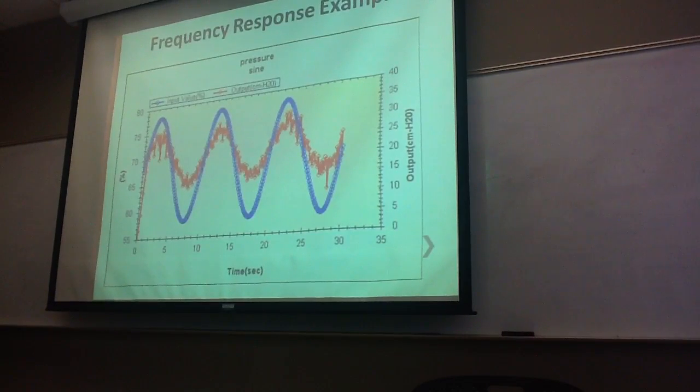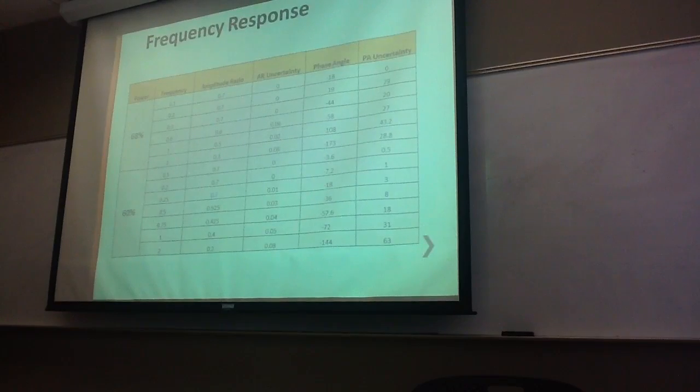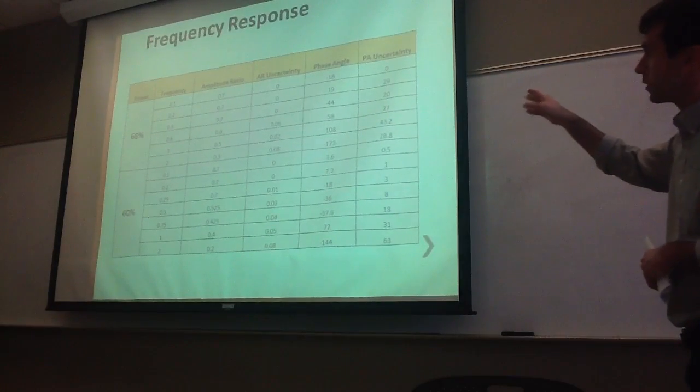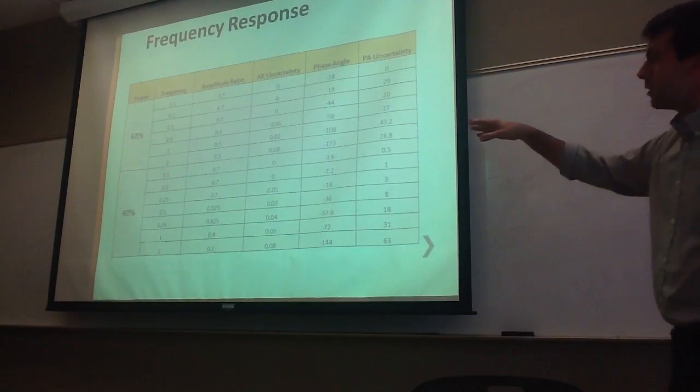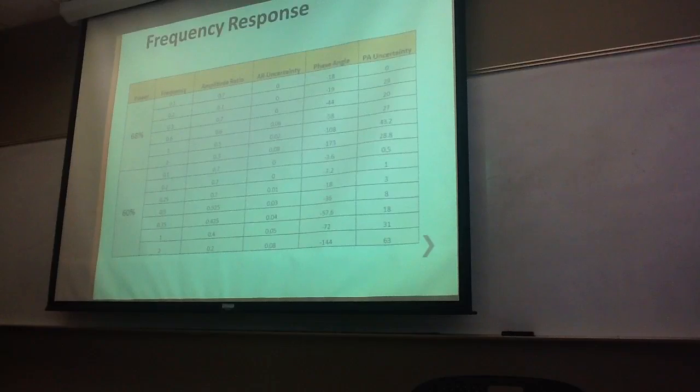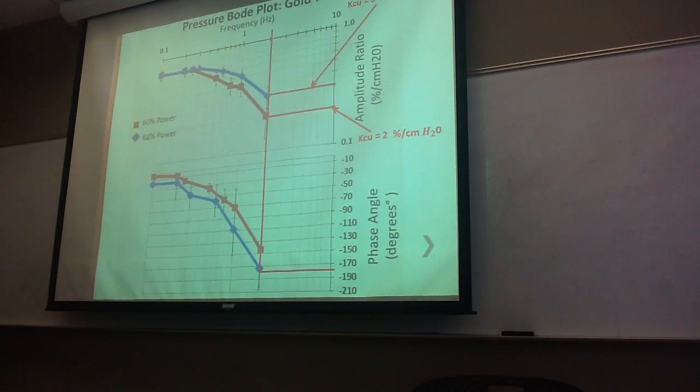That's one of our experiments there. And two of the members found the amplitude ratio, phase angle, and uncertainties of those frequencies at 60 and 80% power. And then with this, we developed our Bode plot.